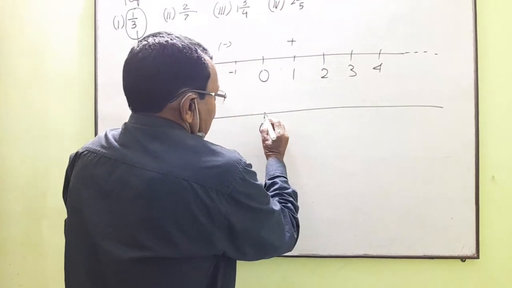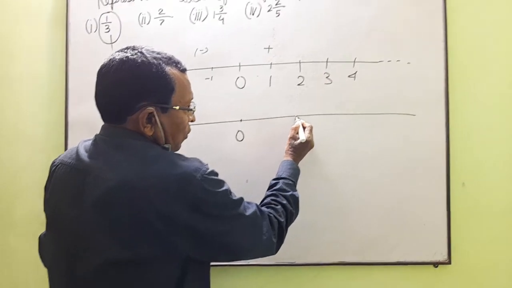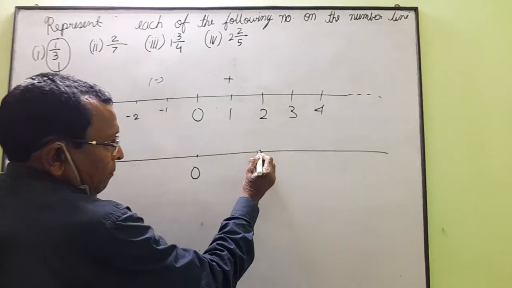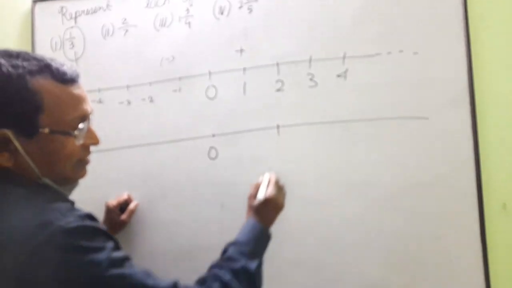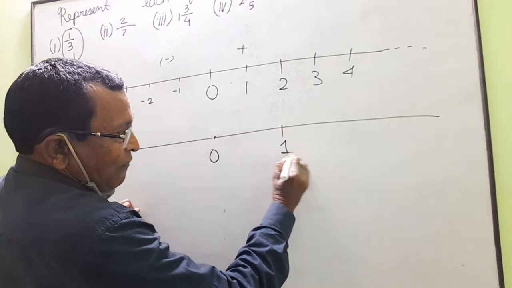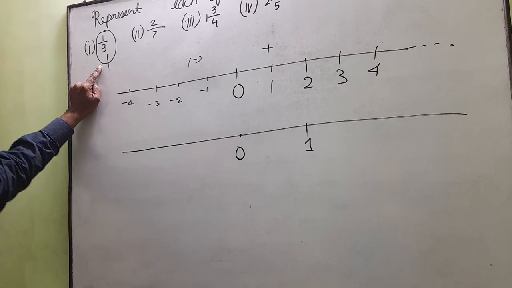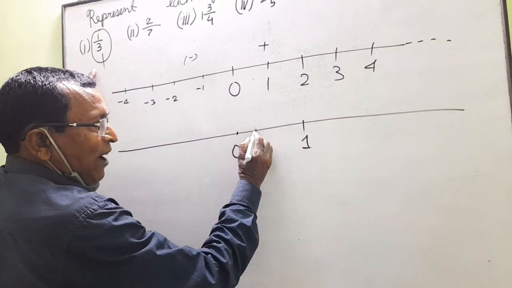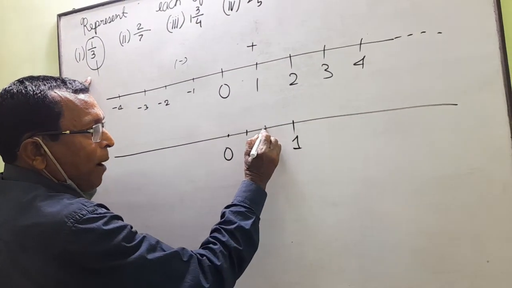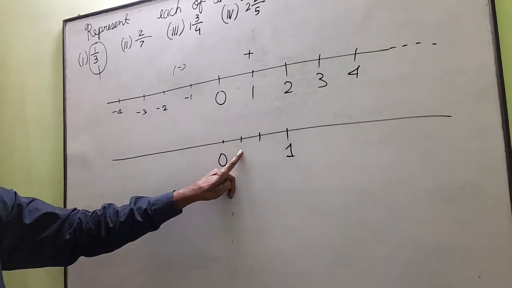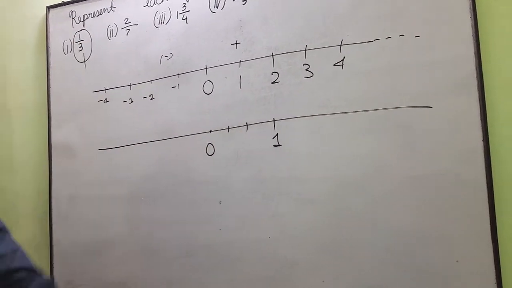So you mark 1 in such a way that it is divided into 3 parts: 1, 2, and 3.